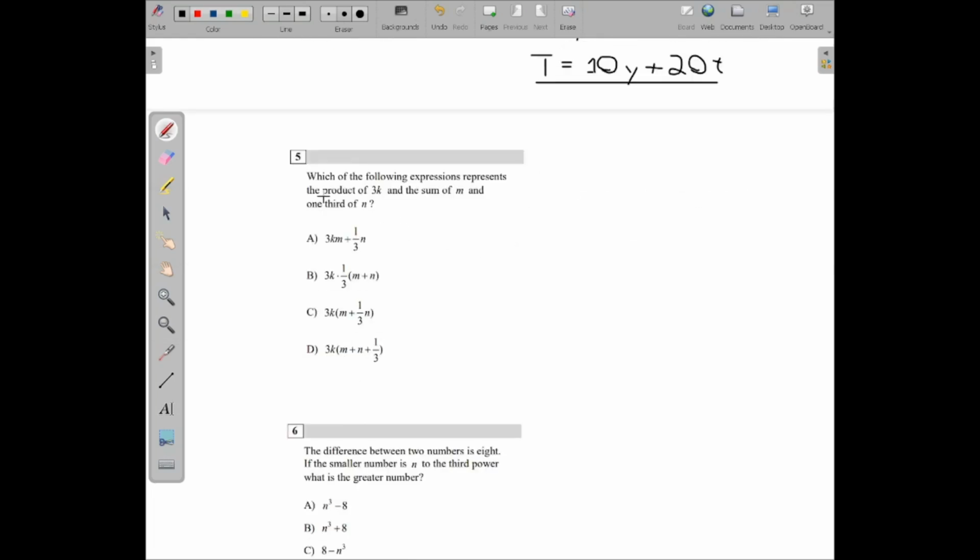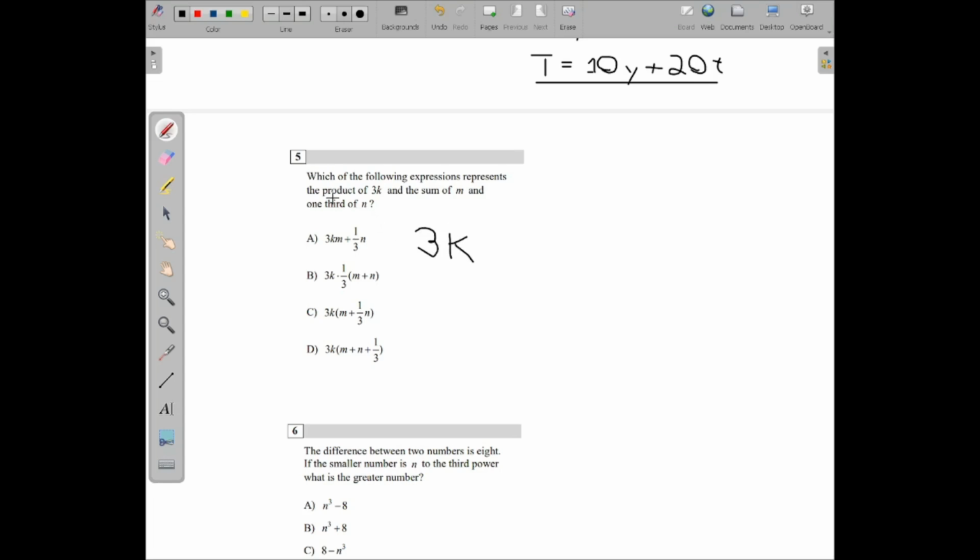Now example number 5. We have expressions and we need to find which expression corresponds to this statement. This tells us the product of 3k.